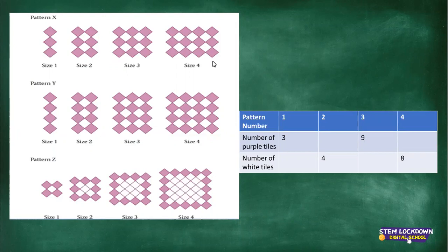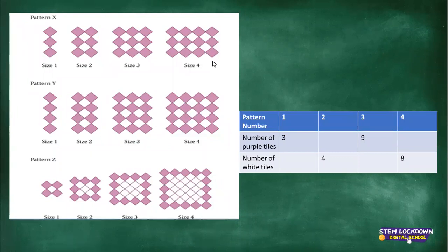We've noticed that for the pattern to grow, we're adding 3 more tiles to the purple tiles. But now the rule that we'll use, what would it be? We'll be multiplying by 3. Thank you so much.